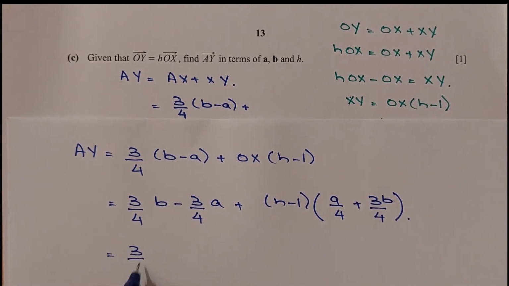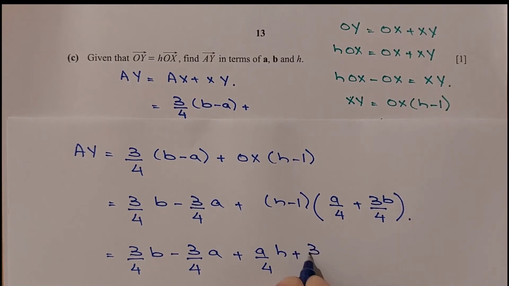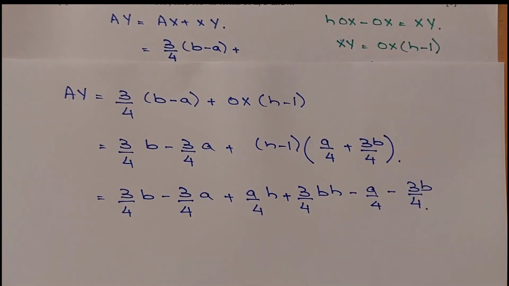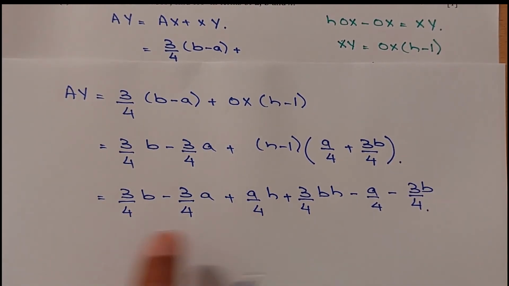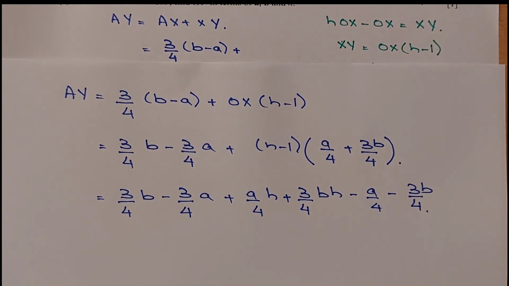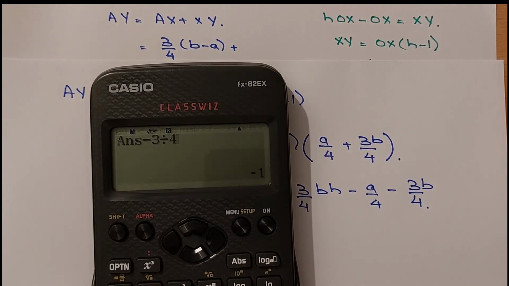3 by 4 of b minus 3 by 4 of a plus a by 4 of h plus 3 by 4 bh minus a by 4 and minus 3b by 4. Right. Okay, now these are the two h terms. Now the a terms, these are the two a terms. Minus 1 by 4 minus 3 by 4 is minus 1.